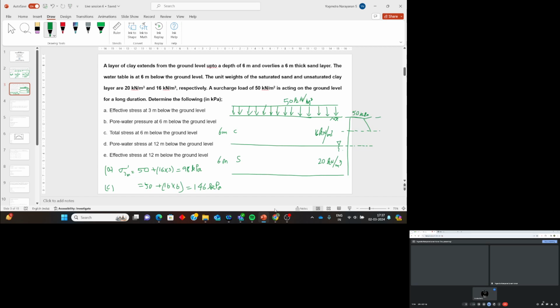No, pore water pressure at 6 meters from ground level. This is only pore water pressure. So the water table is here. That is, water is exposed to atmosphere. So pore water pressure u_w at 6 meters will be how much? It will be 0, since it is subjected to atmospheric pressure. Surcharge will not play any role in it. Okay, sir.